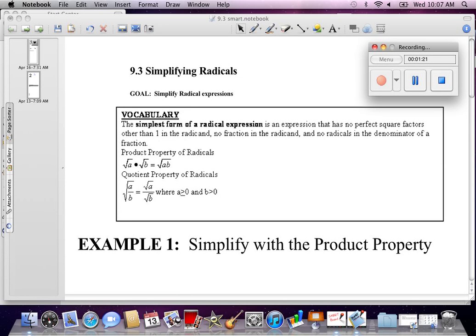And 12 times 12 is 144. So at the top of your paper now, you should have those written down. You're going to use them on your homework and to do these problems.